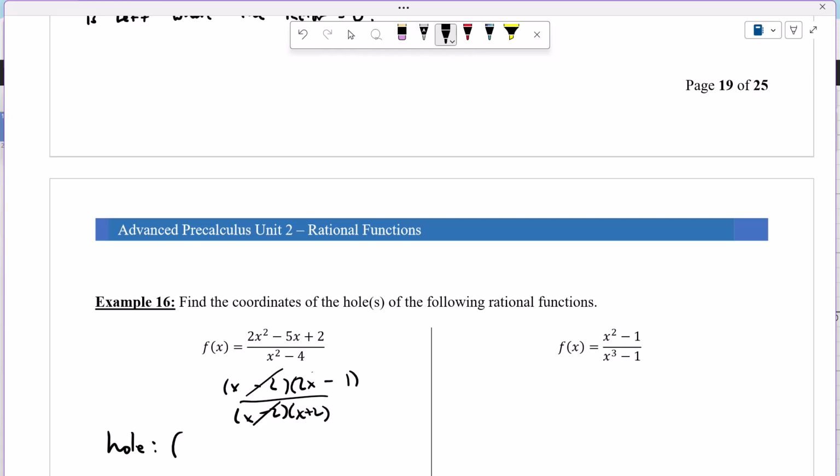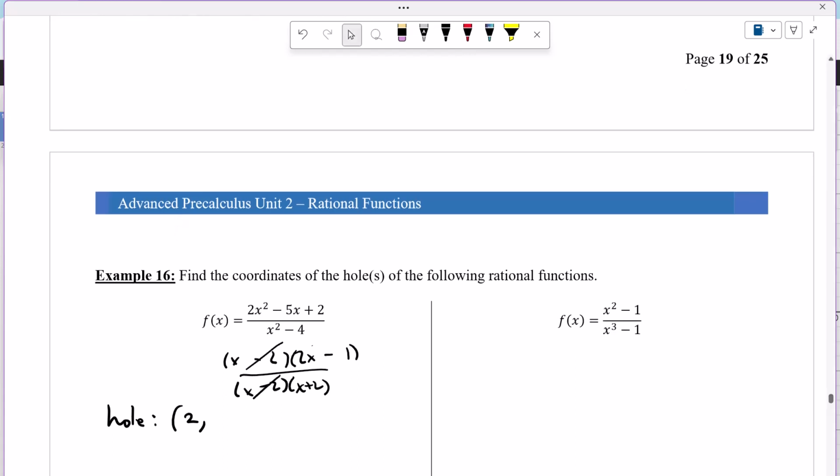So where's the hole? x equals 2, right? We set the factor that cancels equal to 0, so x equals 2. But how about the y value? Now we take that 2 and plug it into the simplified function. Exactly. If we did it earlier, it would be 0.